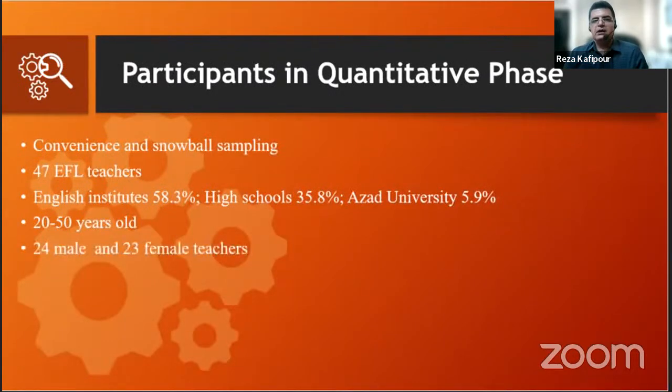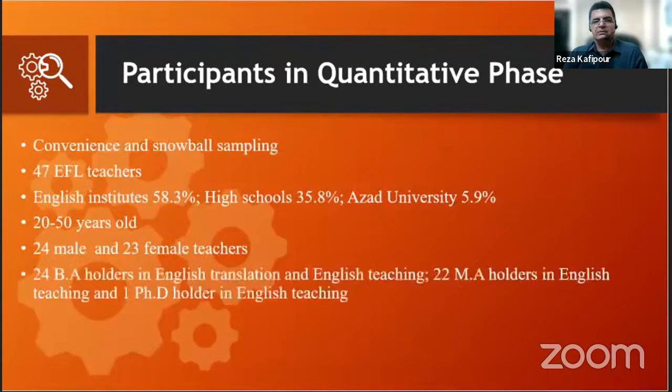24 males and 23 females. If we switch to the academic degree, 24 were bachelor holders in English translation and English training, 22 master holders in English teaching, and just one PhD holder in English teaching.